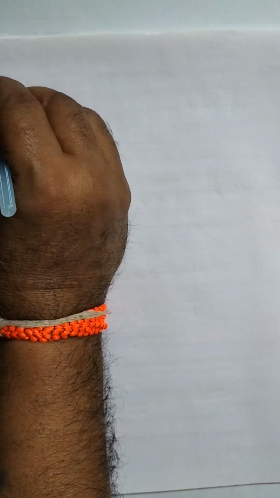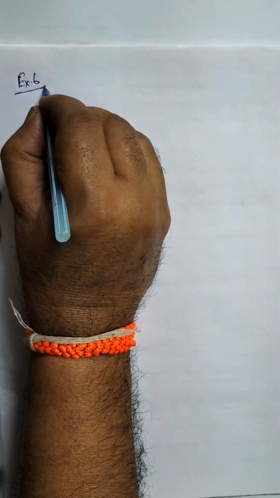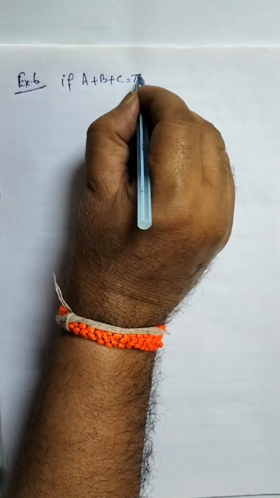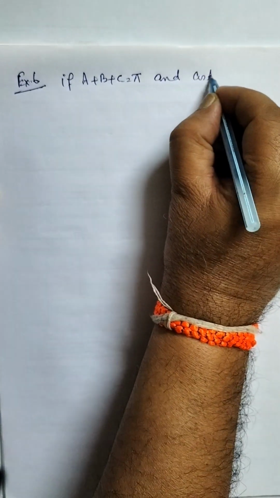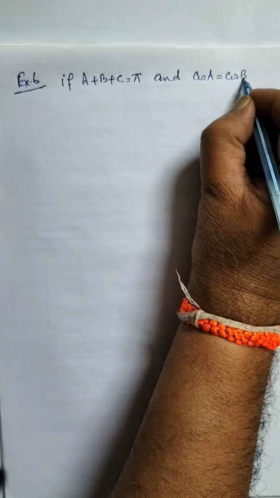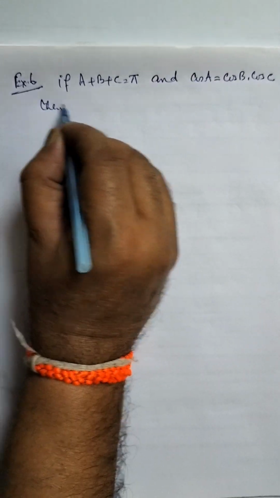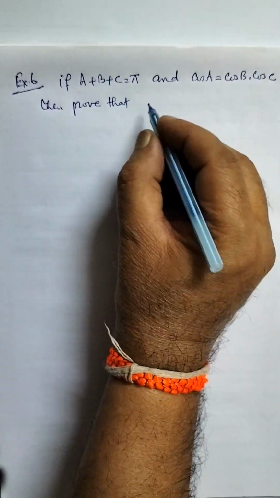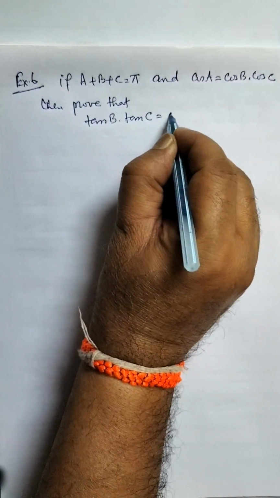Quickly we will take another last question. This is example 6, if a plus b plus c is pi, that is 180 degree, and cos a is equal to cos b times cos c, then prove that tan b times tan c is equal to 2.